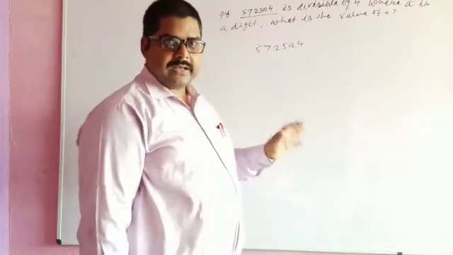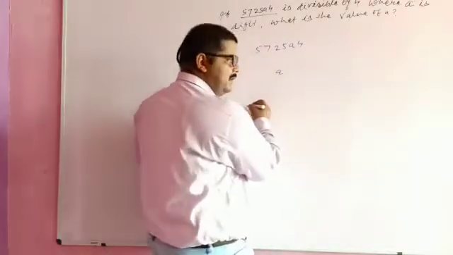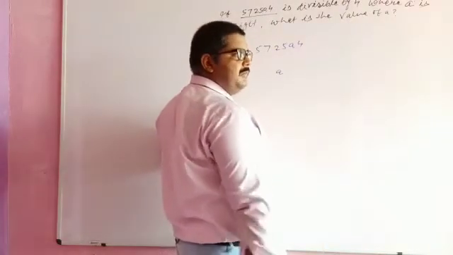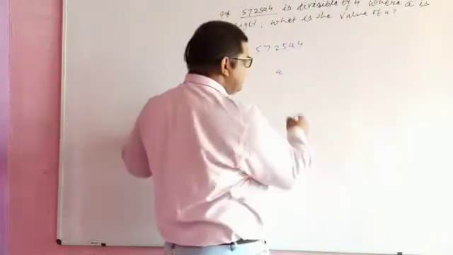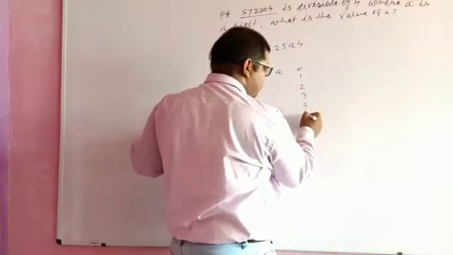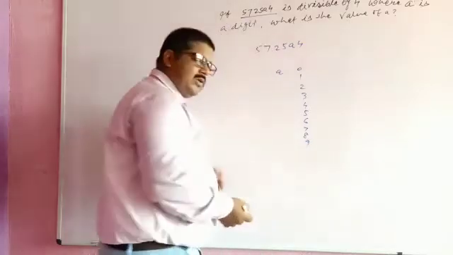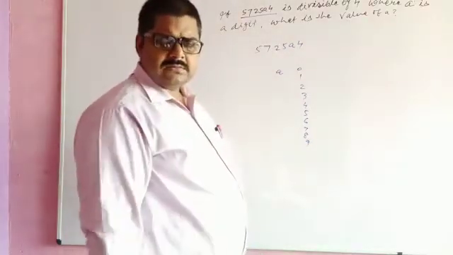What smallest value? You know very well that in place of A, how many digits are possible? 10 digits are possible: 0, 1, 2, 3, 4, 5, 6, 7, 8, 9, because there are only 10 digits.